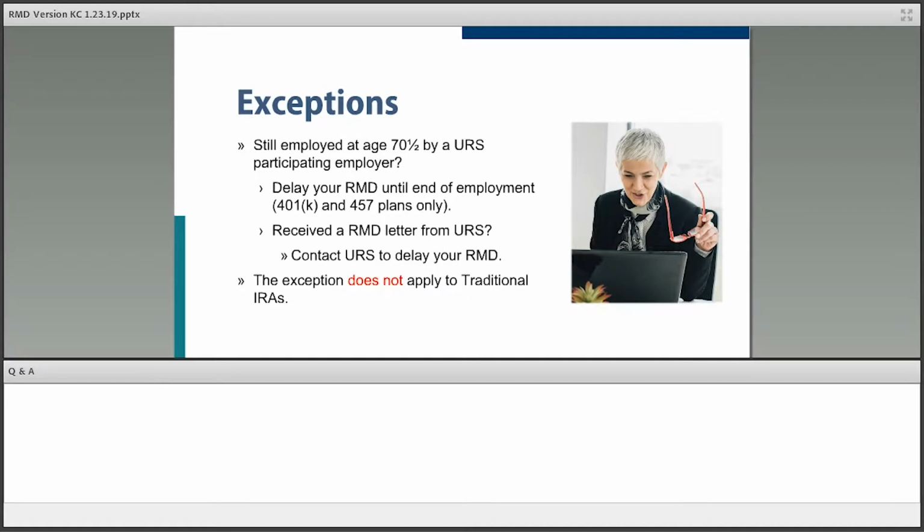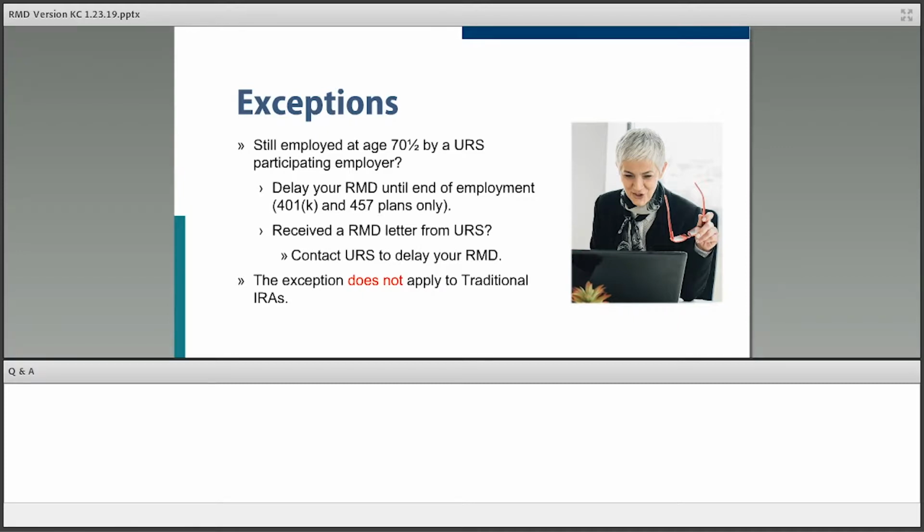But with my 401k and 457 plans, I can defer taking the minimum distribution until the year that I terminate employment. So if I'm 70 and a half now, and let's pretend that I keep on working for Granite School District for 2 more years, and I terminate employment in June of 2021, then that is when I will need to start taking my minimum distribution.